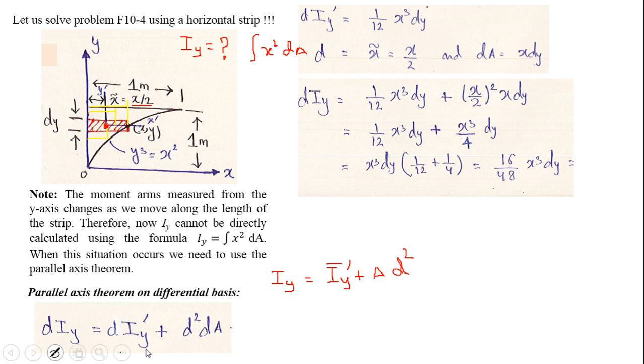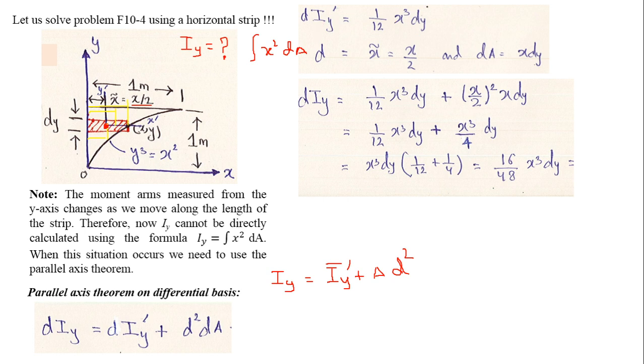And this diy dash is the value of the second moment of area of this rectangular strip about the y dash axis, that is about its own centroid.